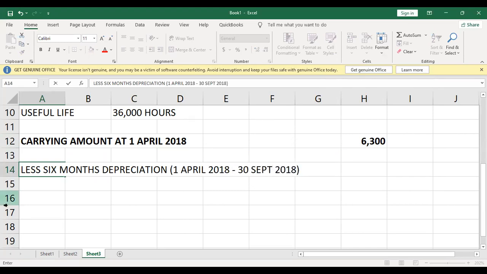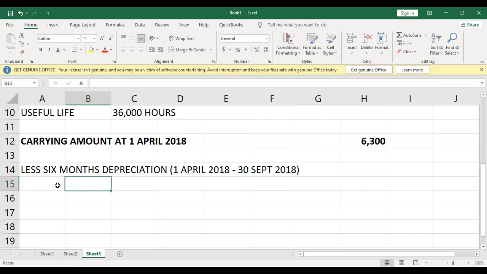All right, so that's 6 months. So we'll still have our cost value, 9 million.